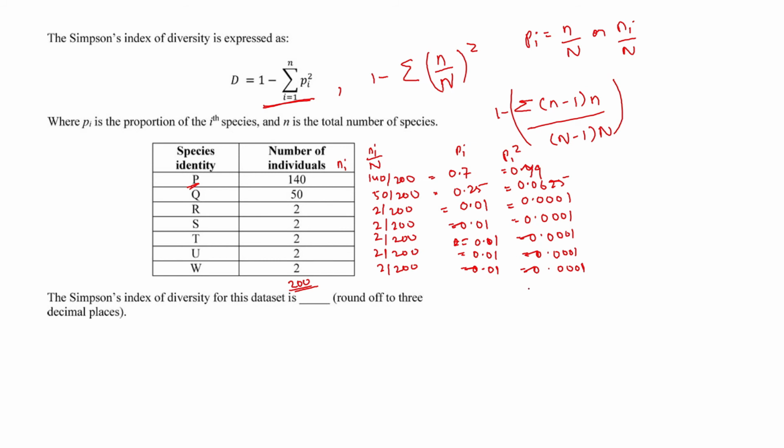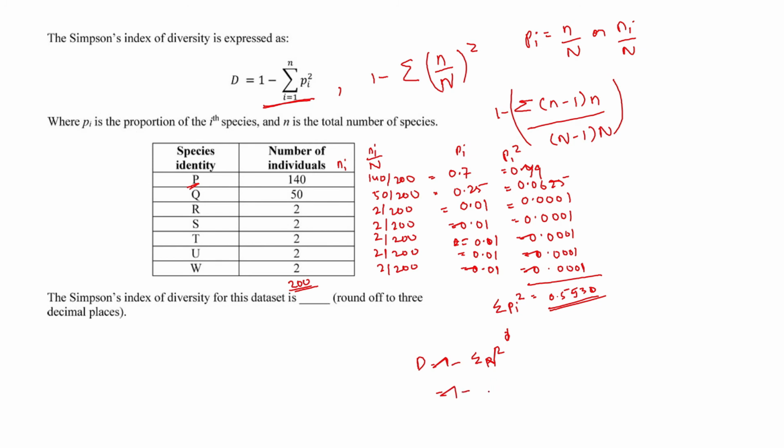Right? If we add this up, you'll get 0.5530. This is summation of pi square. Now we have to subtract it from 1. So here d equals 1 minus summation of pi square.